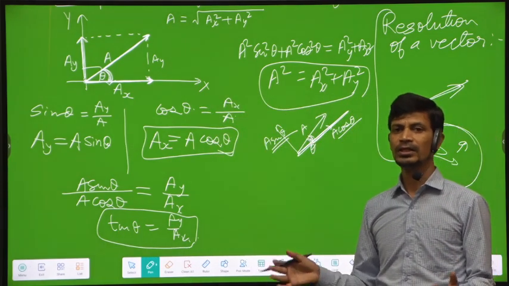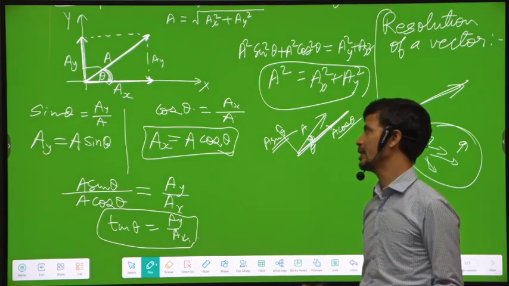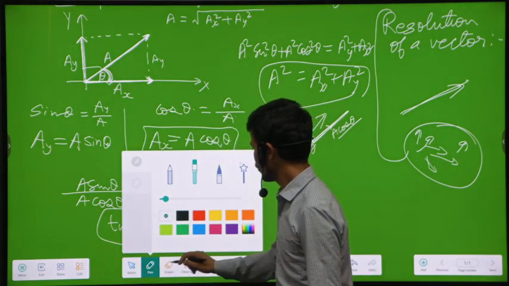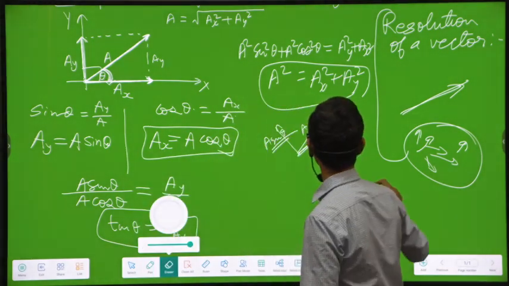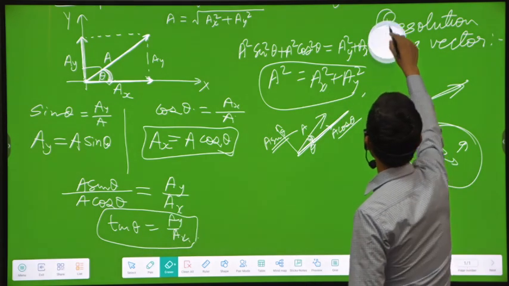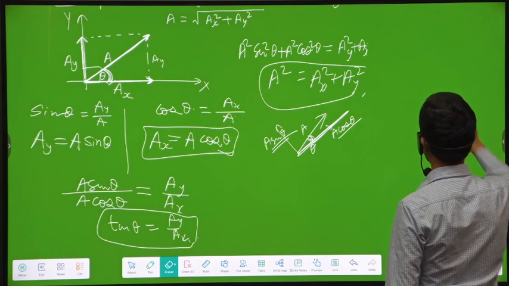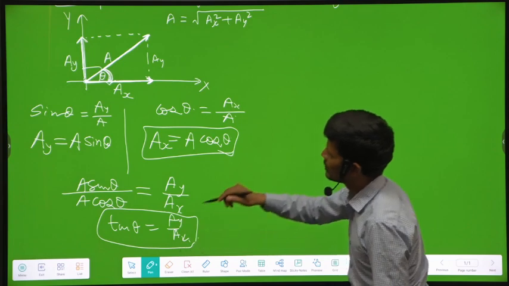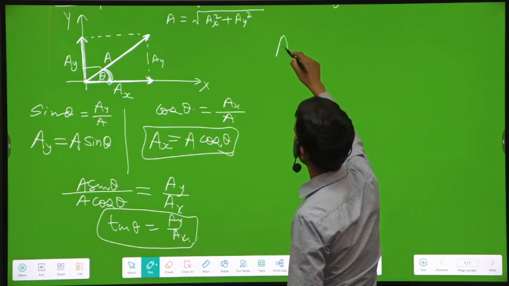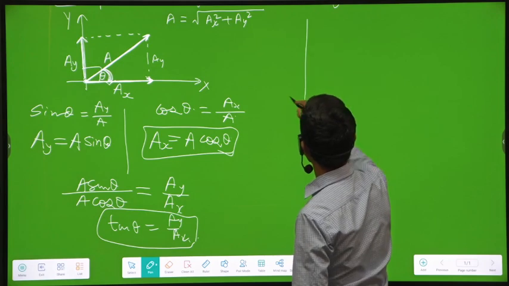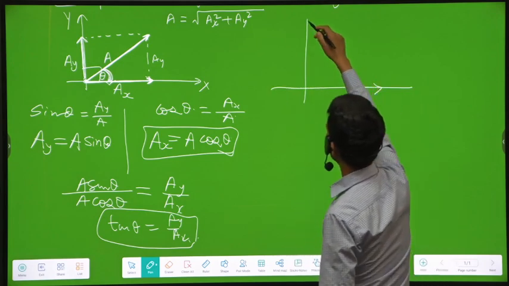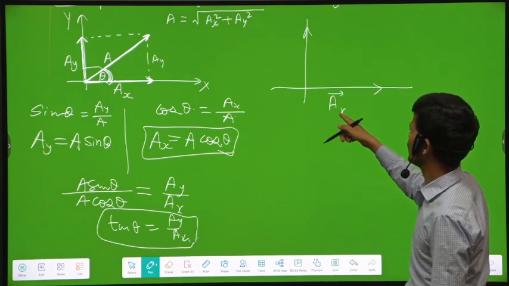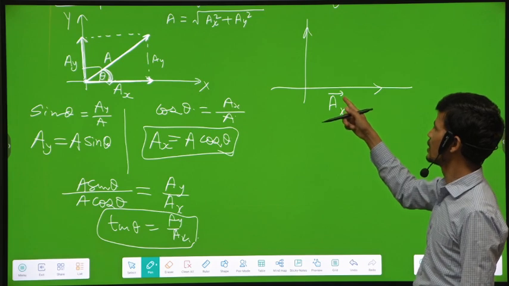Okay, now what is the bottom line of all of it? Before moving ahead, let me erase this thing, and I'm just imposing a representation to you. As I said, these resolved parts, and see I am right now writing them as ax vector.